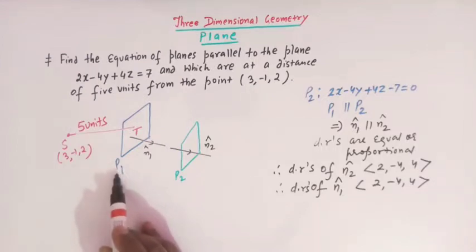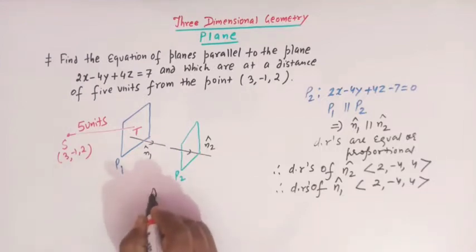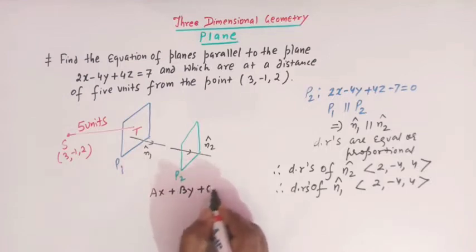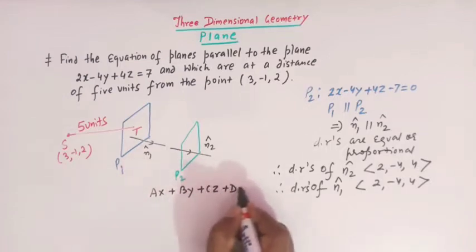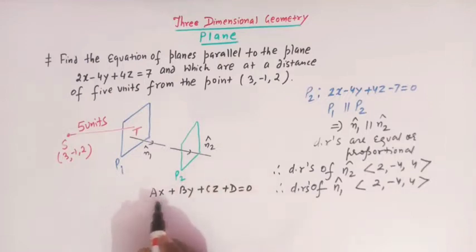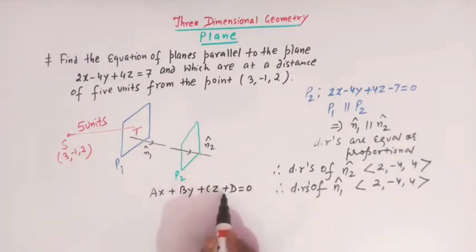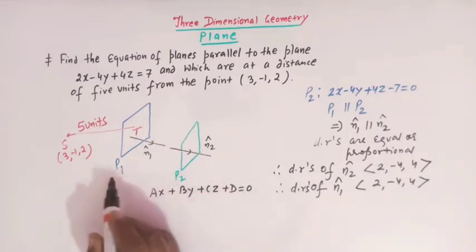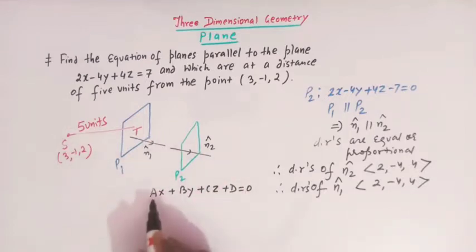How? We know that ax plus by plus cz plus d is equal to 0 is the form of the equation of any plane, where a, b, c are the direction ratios of the normal vector.